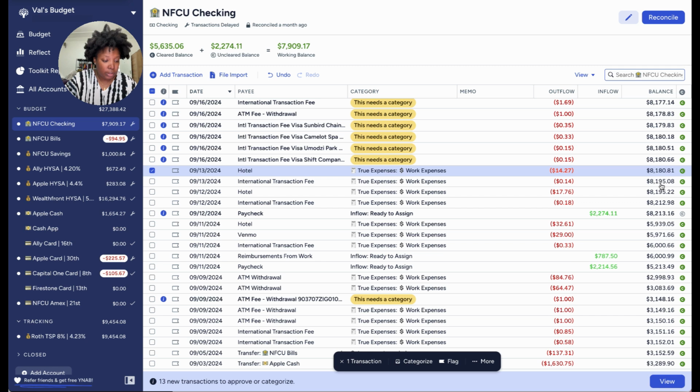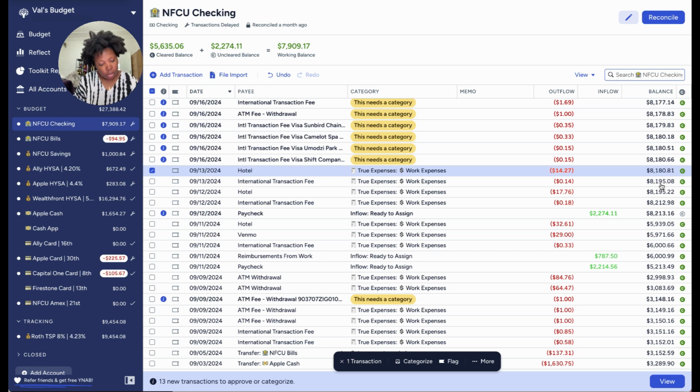Then on the 16th, we have quite a bit of transactions here. We have 5 international transaction fees, 2 ATM fees, and 4 hotel fees.